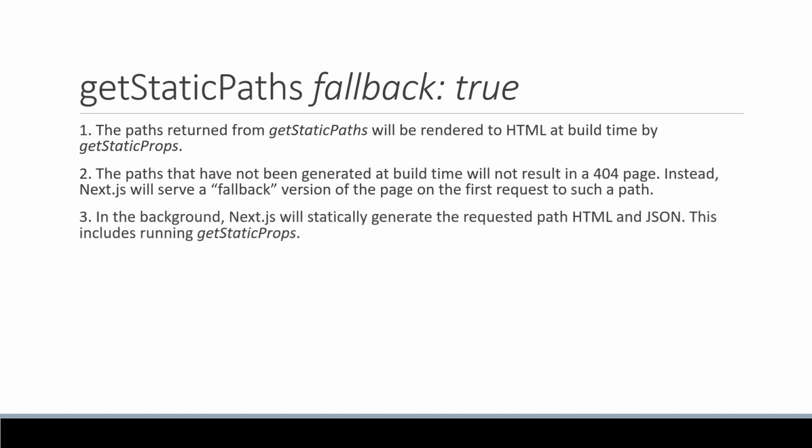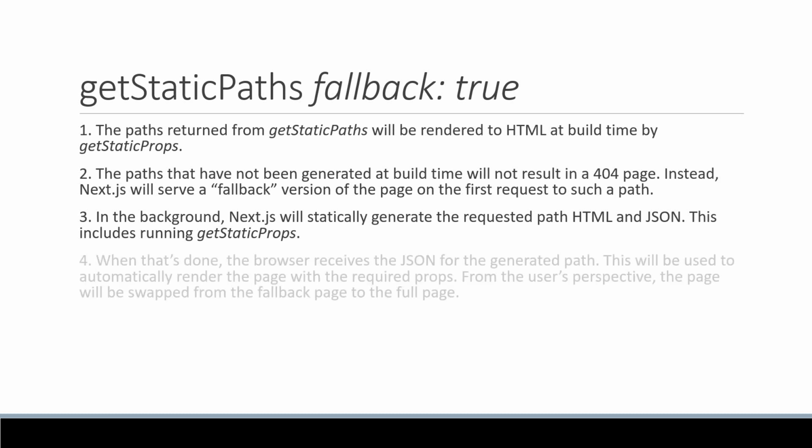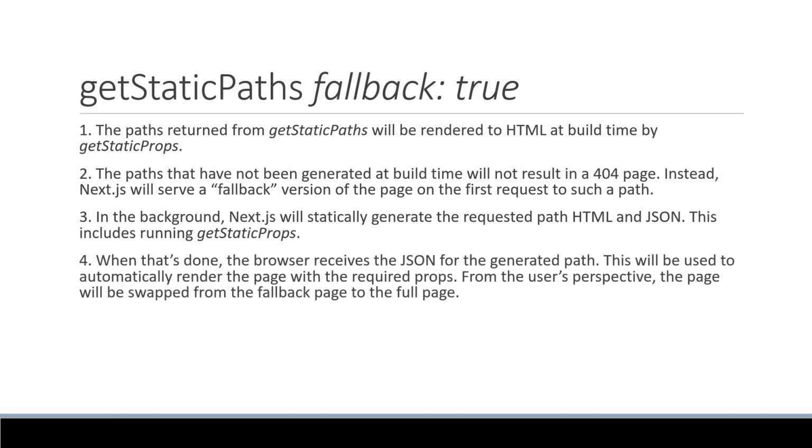In the background, Next.js will statically generate the requested path HTML and JSON, which includes running getStaticProps. When that's done, the browser receives the JSON for the generated path. This will be used to automatically render the page with the required props.